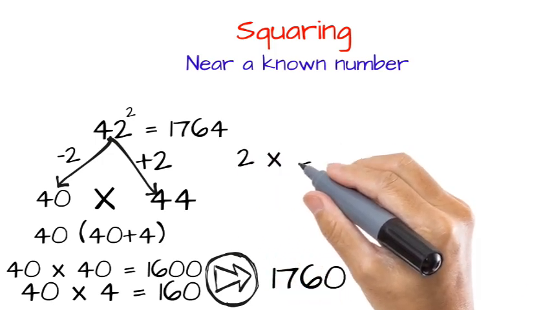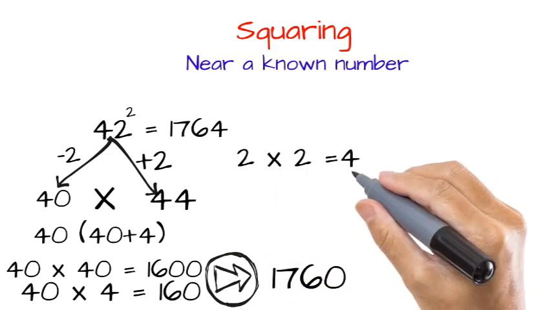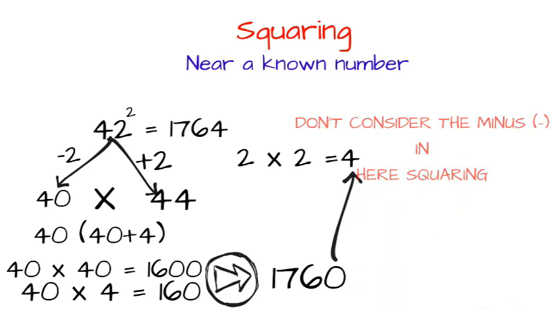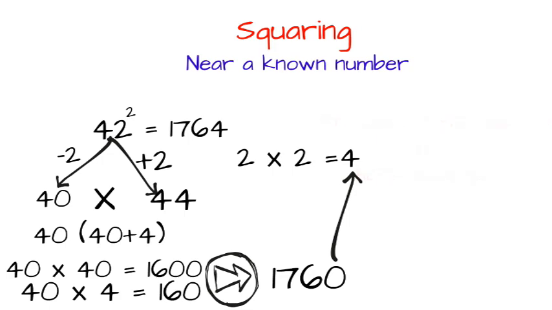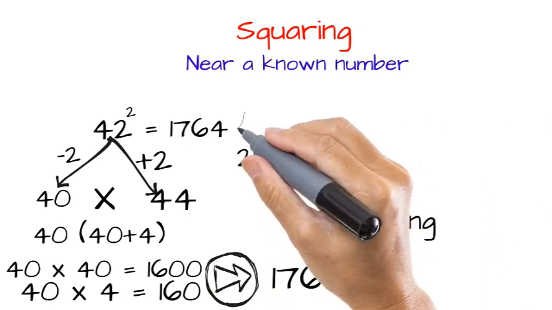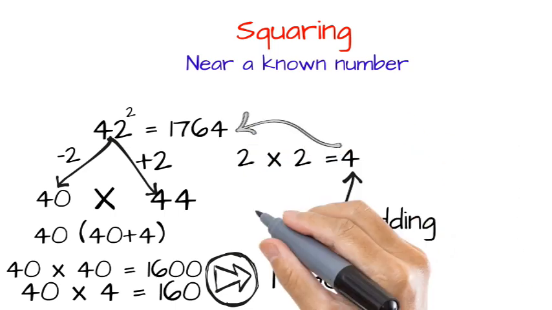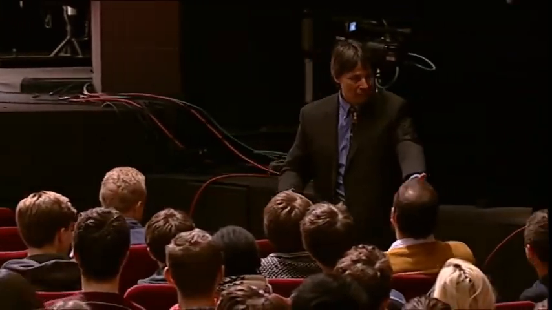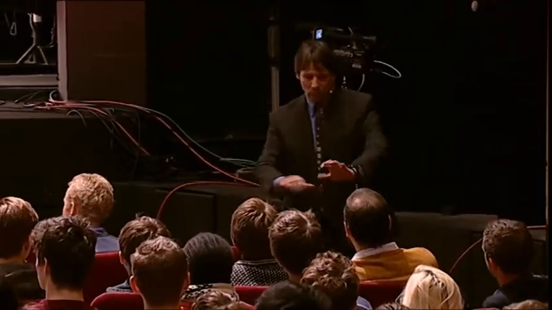And then we multiply both the differences we obtained previously, which is 2 into 2, which is equal to 4. So add both the numbers, 1760 plus 4, which is equal to 1764. Here we don't consider any negative signs, only the number is definite. 103 squared is 10,609, way too easy.